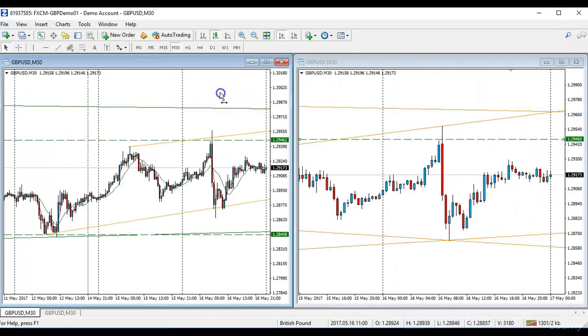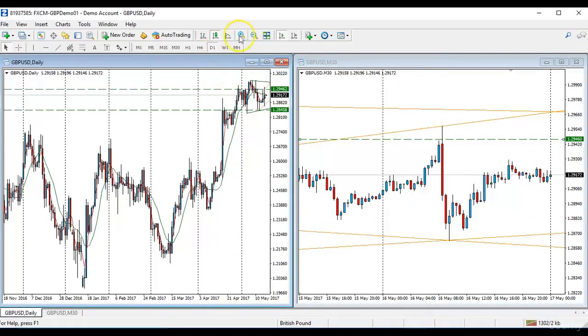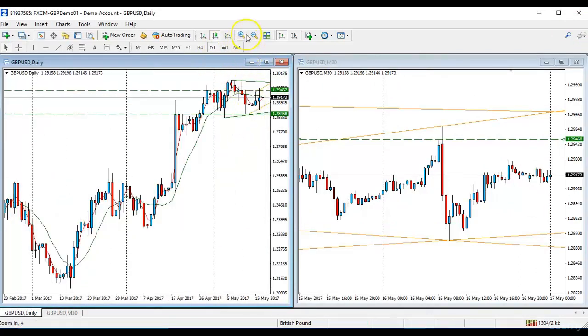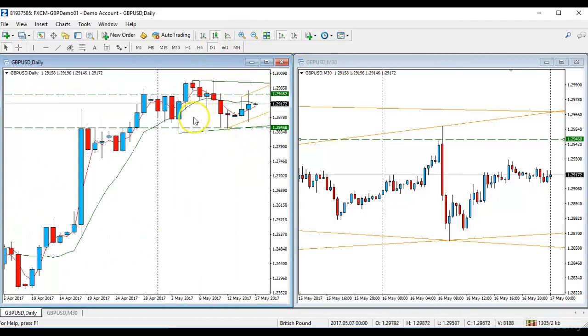But what this also tells me, if I go back to the daily chart, is that there's not a lot of momentum in the market. As I talked about in an earlier video, I use this moving average to show momentum. Here's the momentum on the pound US dollar.